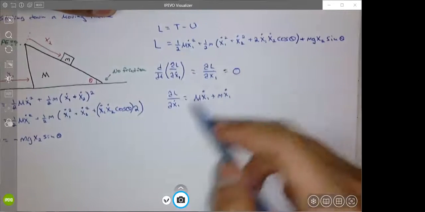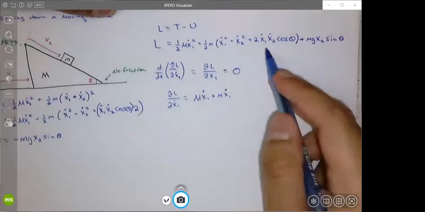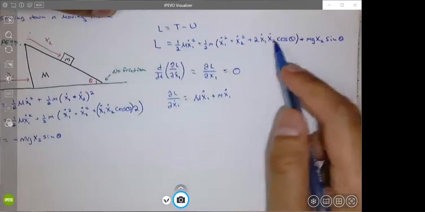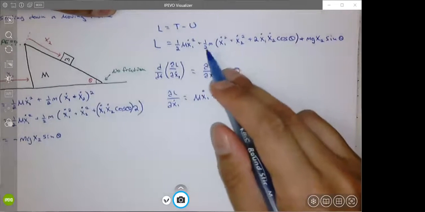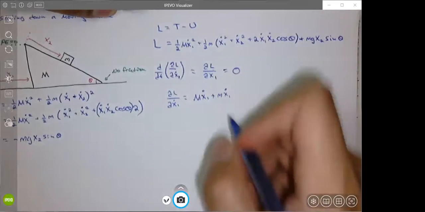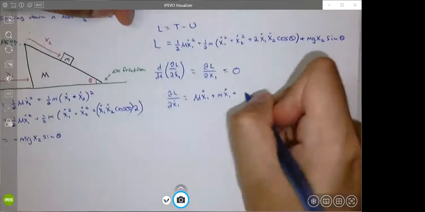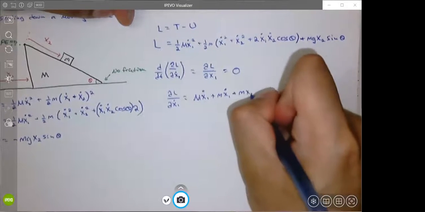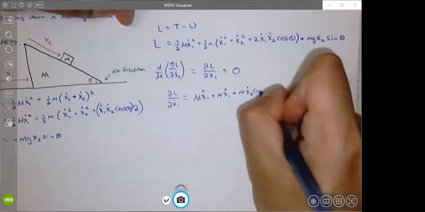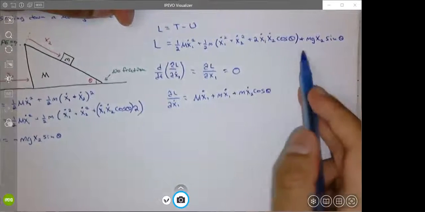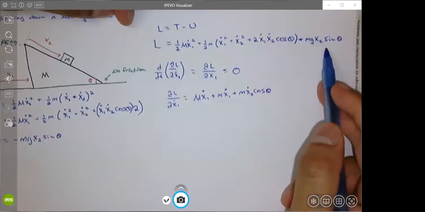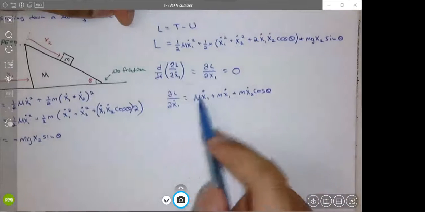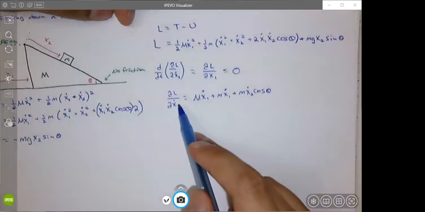This is a constant with respect to this variable, so that doesn't matter. Over here we have an x1 dot, so this becomes 1, and you multiply these together. The 2 and the 1/2 cancel each other out, and we'll have plus little m x2 dot cosine theta. Then the next term looks like there is nothing there for x1. So that's the partial with respect to x1 dot.